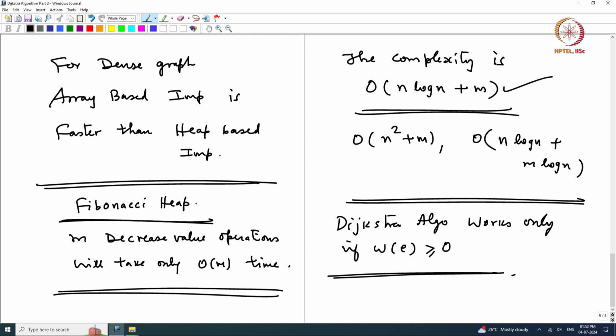The graph can have any structure, but all weights must be positive for this to work. Dijkstra's algorithm is guaranteed to work only on graphs that have positive weights. All right, I conclude at this point.